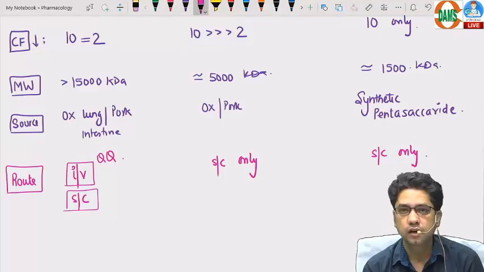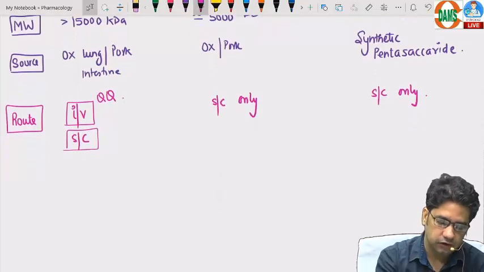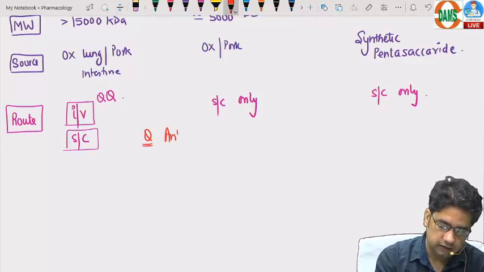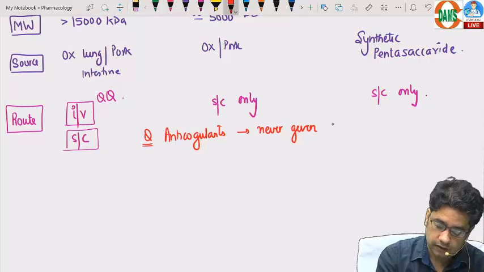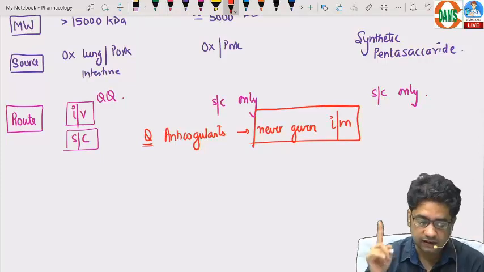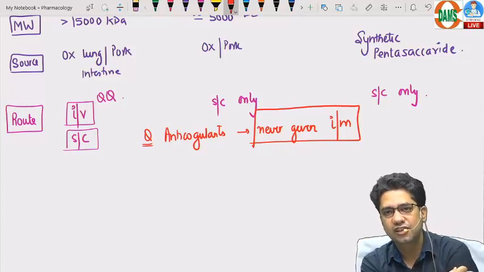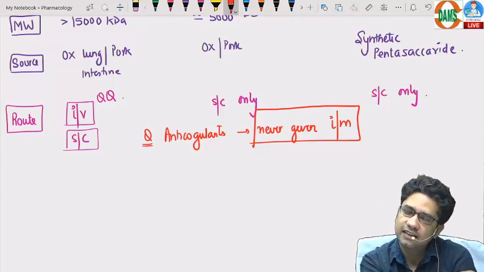ठीक है बच्चों. Now before going further, just write one point, a very important point, that anticoagulants are never given intramuscularly. They are never given as an intramuscular injection, क्योंकि सर मसल में इंजेक्शन दे दोगे, anticoagulant है, the blood will be collected inside the muscle.